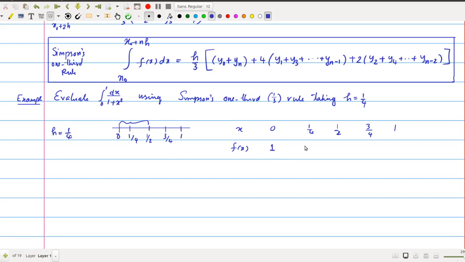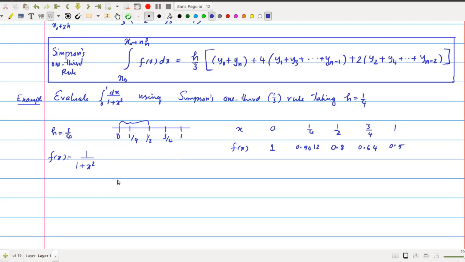The second value, by putting x equal to 1 by 4 in f of x, which is 1 by 1 plus x square, is 0.9412, and this value is 0.8, and the next value at 3 by 4 we have 0.64, and finally at 1 we have 0.5, that is obtained by 1 by 1 plus 1, that is 1 by 2, equal to 0.5. So these are the values.